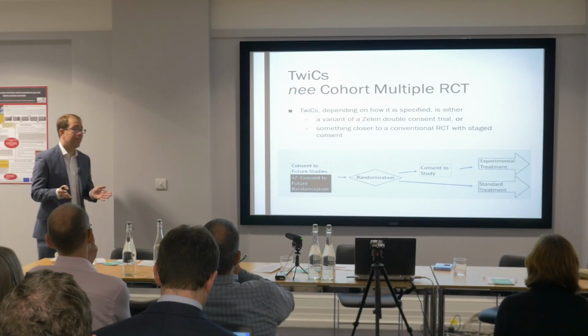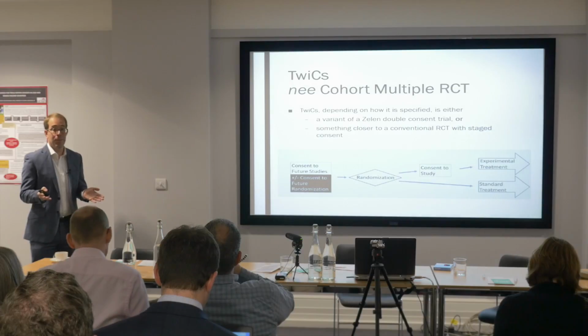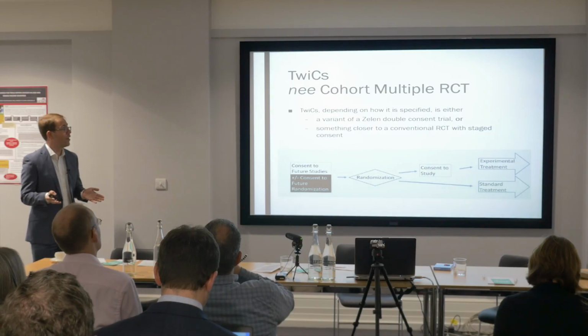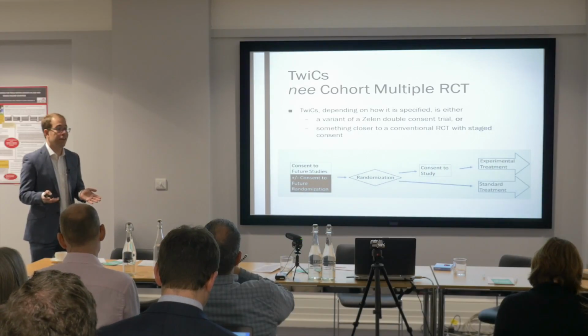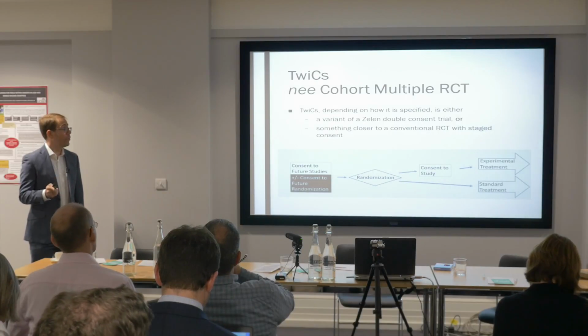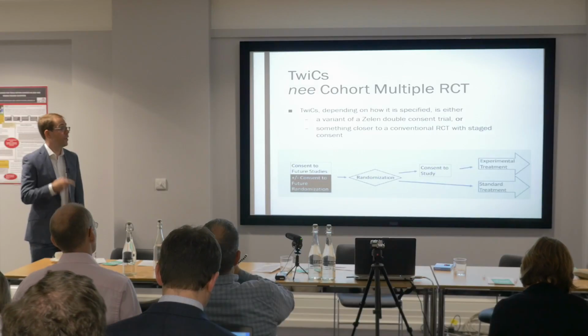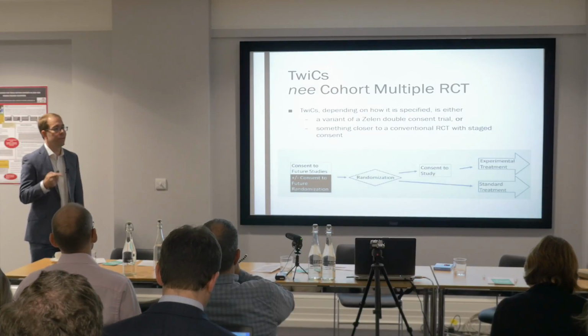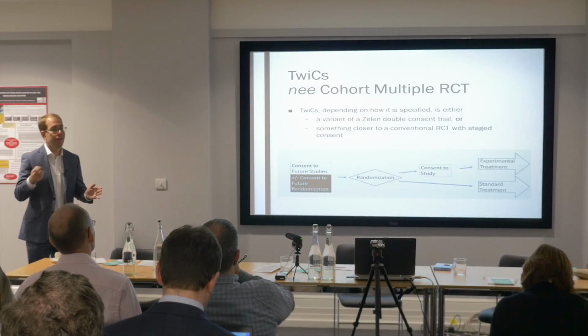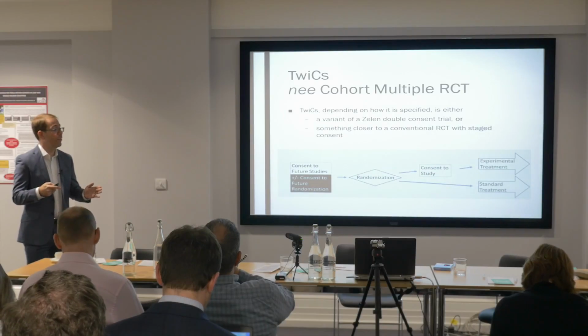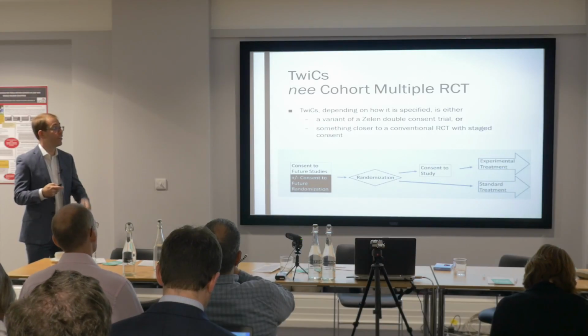It's not clear that we're really omitting any important or traditional component of informed consent. We've just moved to a staged consent model, but an otherwise fairly conventional RCT, where there's one huge innovation, which I give short shrift in this slide, which is the maintenance of a cohort over time, and the use of that to enable multiple trials in the same population.